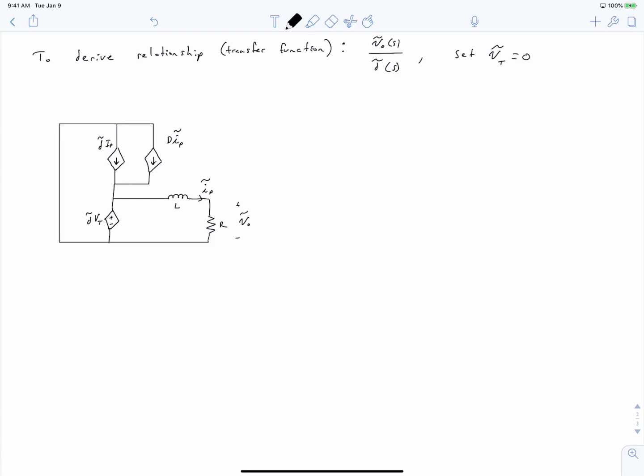Now, we want to express our output voltage in terms of our duty ratio, and this is pretty simple because we know what our throw voltage is. So we say that V out tilde is equal to D tilde times Vt, so this voltage source right here, times a voltage divider. So times R over R plus SL.